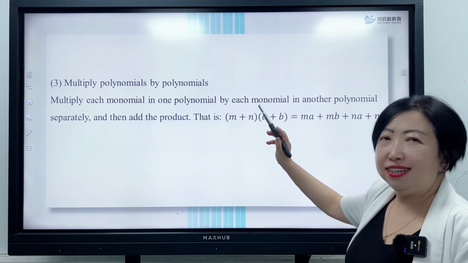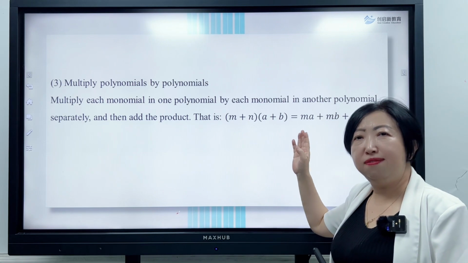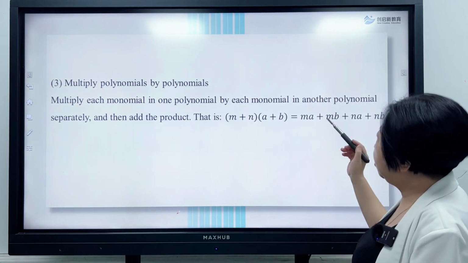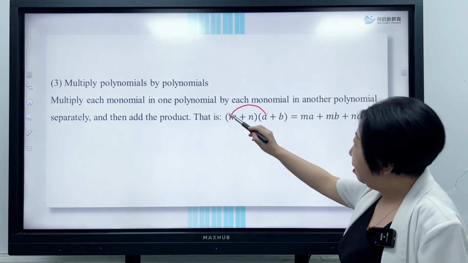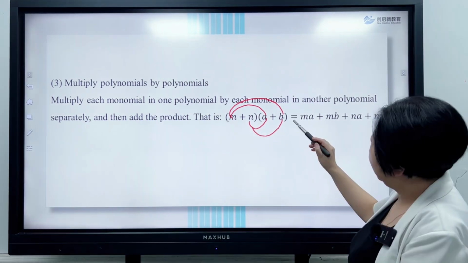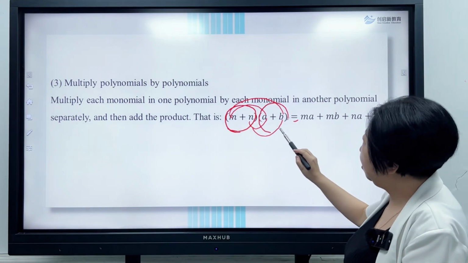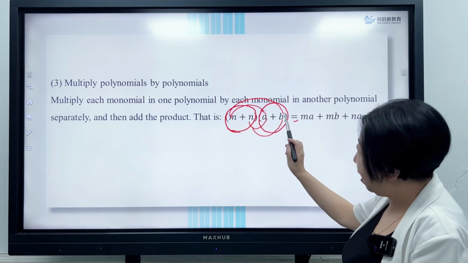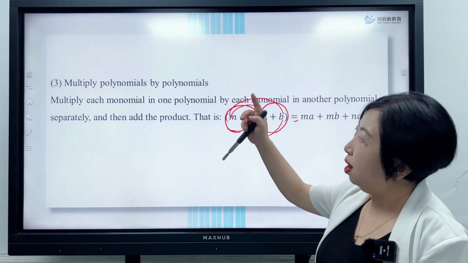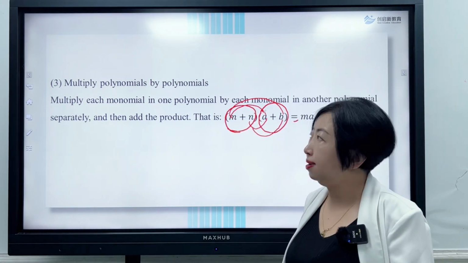That is, the sum of m and n times the sum of a and b equals ma plus mb plus na plus nb. That is how one polynomial is multiplied by another, term by term.